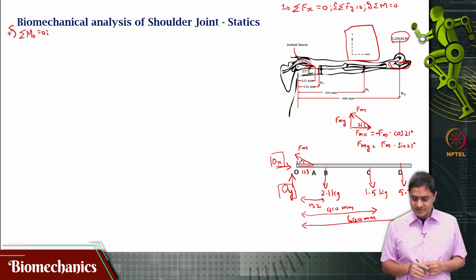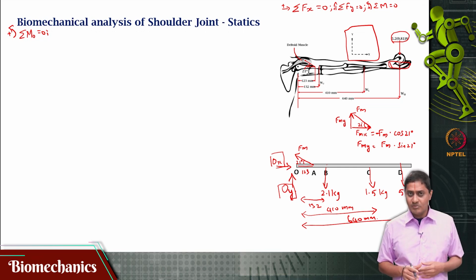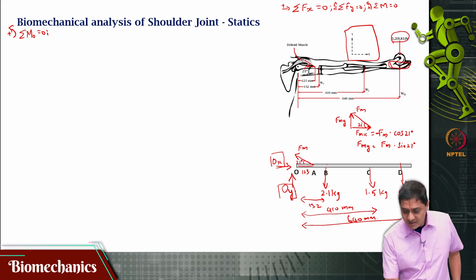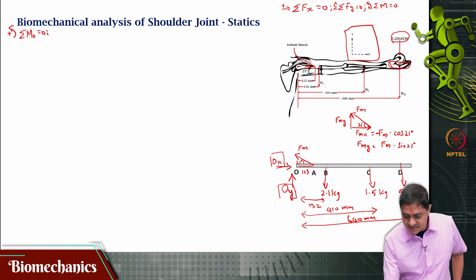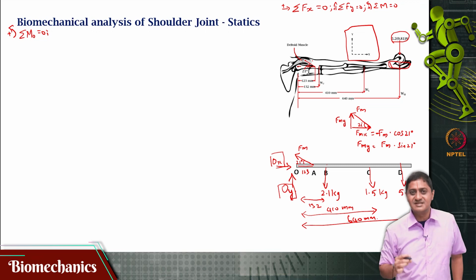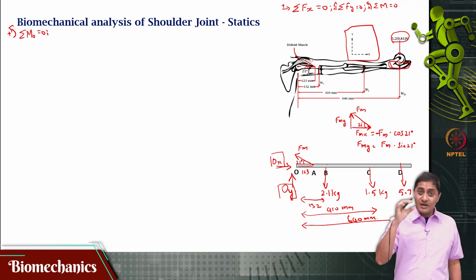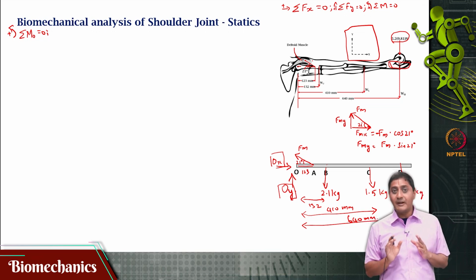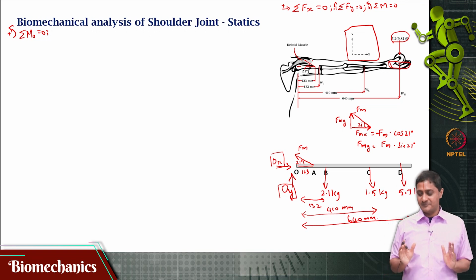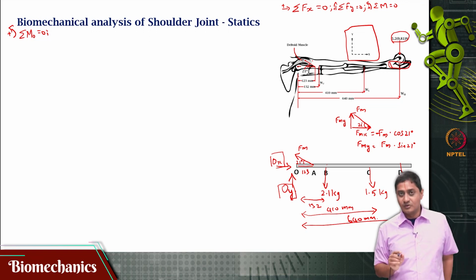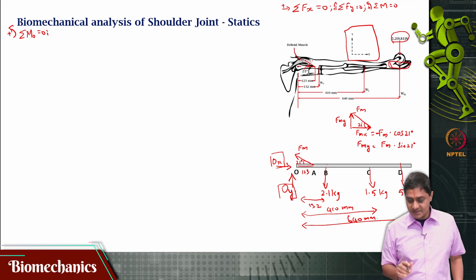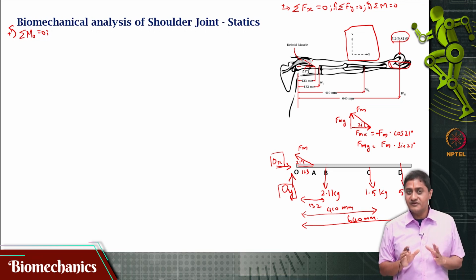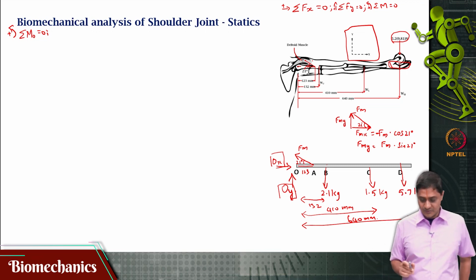In this case it is shown to be acting along O, but that need not be the case. Maybe the joint is here and the muscle is attaching at some distance from the joint along the y axis. In that case, the moment arm will exist for the x component of the force. So, it makes sense to completely write out this equation, okay, not just write the y component. Let us not assume that, because this is the first problem that we are solving. Let us, for completeness, write out the entire equation.